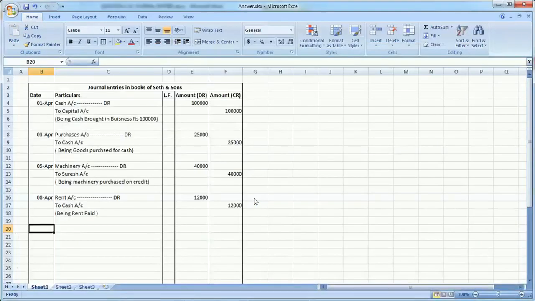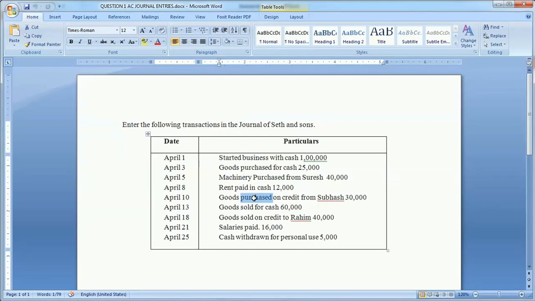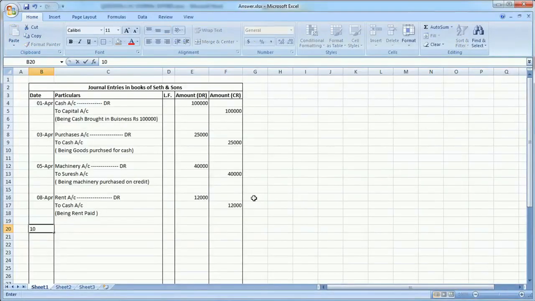The final adjustment for this problem will be 10th April. Purchases account debit.